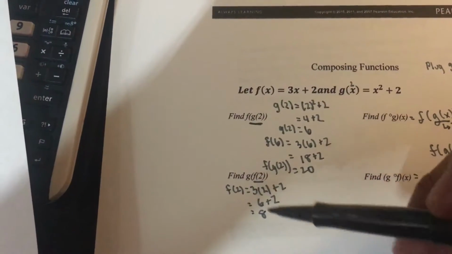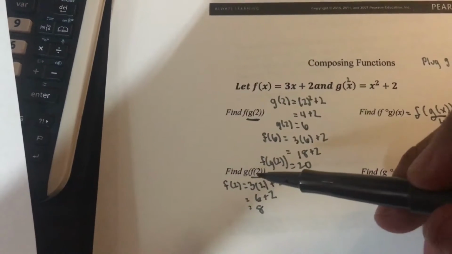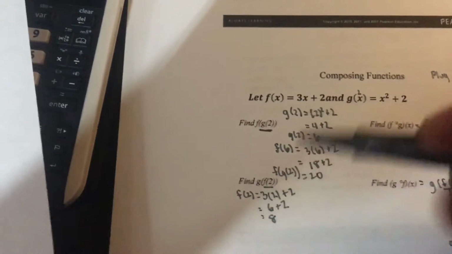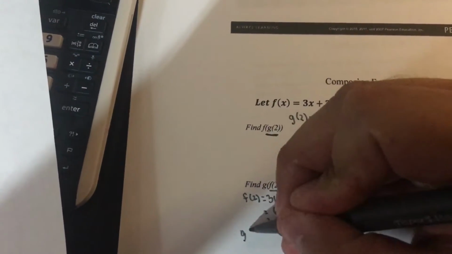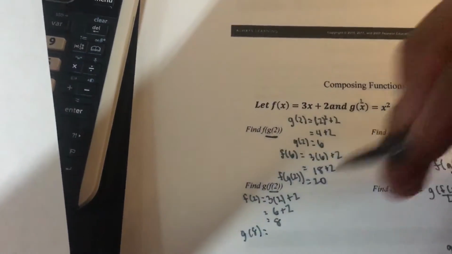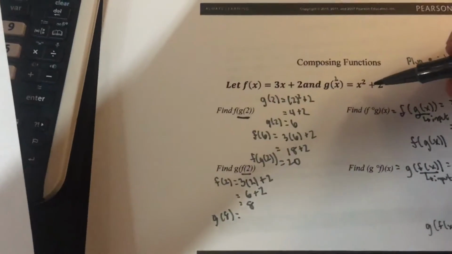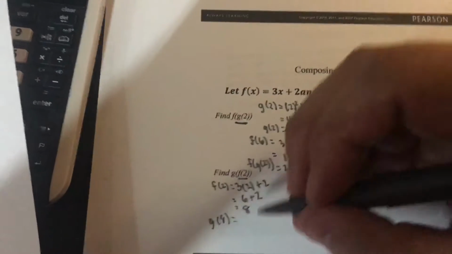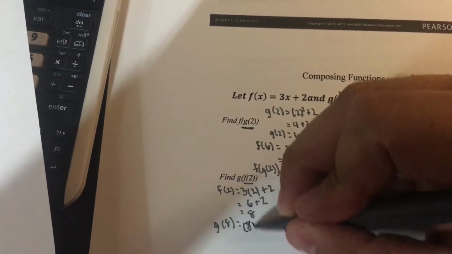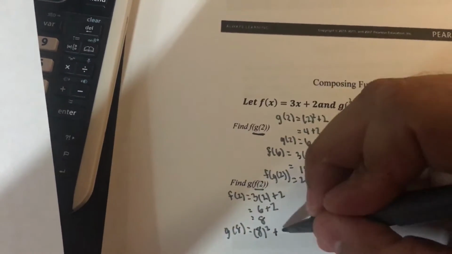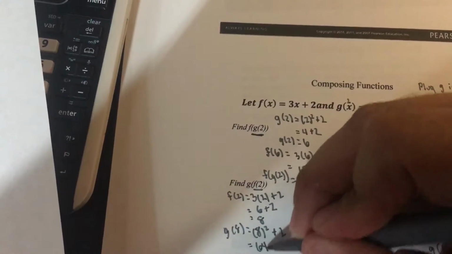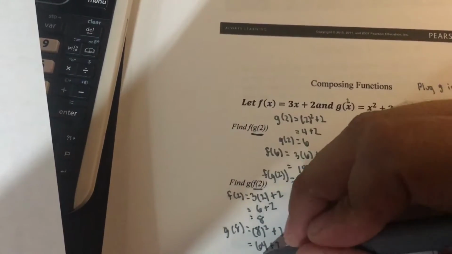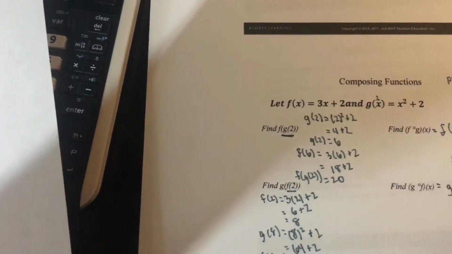So this now becomes my new input into this equation, because I know what f of 2 is. So g of 8. So over here, I'm going to plug in 8 for x. So it's 8 squared plus 2, which is 64 plus 2. It equals 66. So g of f of 2 equals 66.